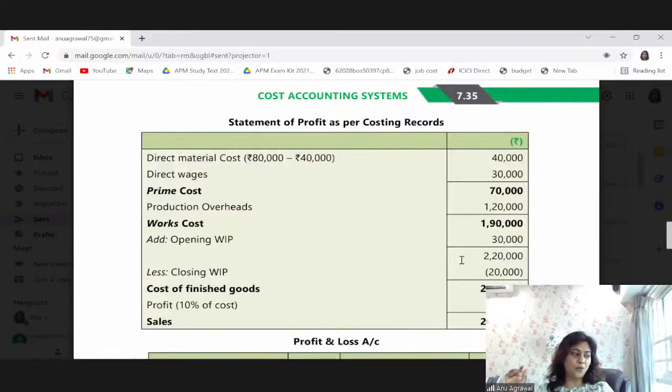The information says that overheads are always absorbed as 100% of direct wages. So in that WIP figure, wages was 20,000. So Jamil, 100% of direct wages will be 20,000. So the value of my WIP will be how much? Material is 30, labor is 20, and overheads absorbed is 20. So total is 70,000. So Jamil, I hope you have understood.